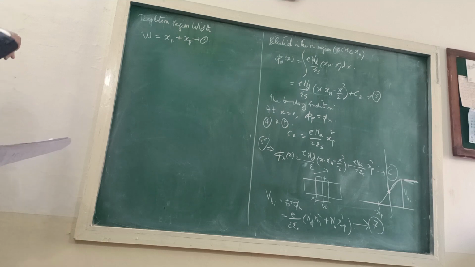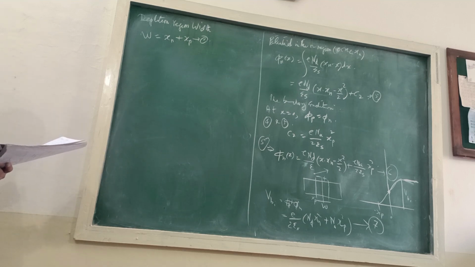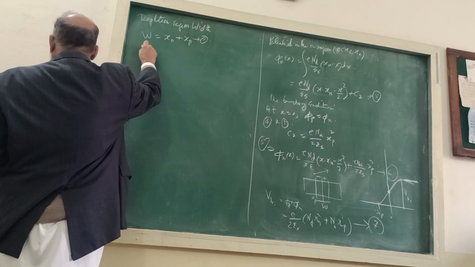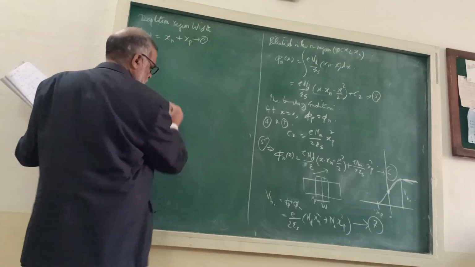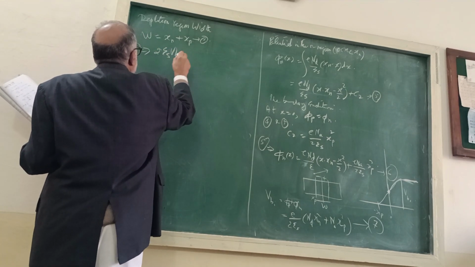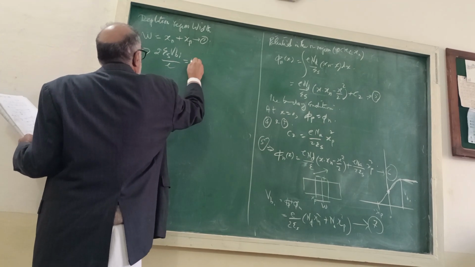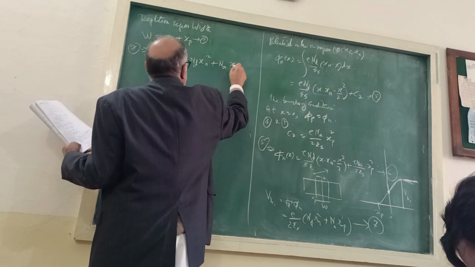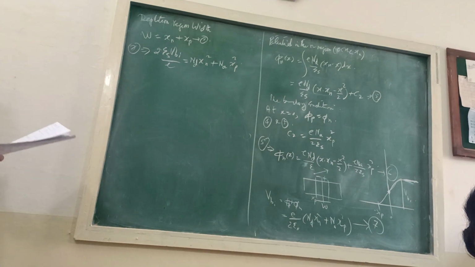Now we can get this from the built-in formula, equation 7. 2 epsilon s VBI divided by e is equal to ND xn squared plus NA xp squared.